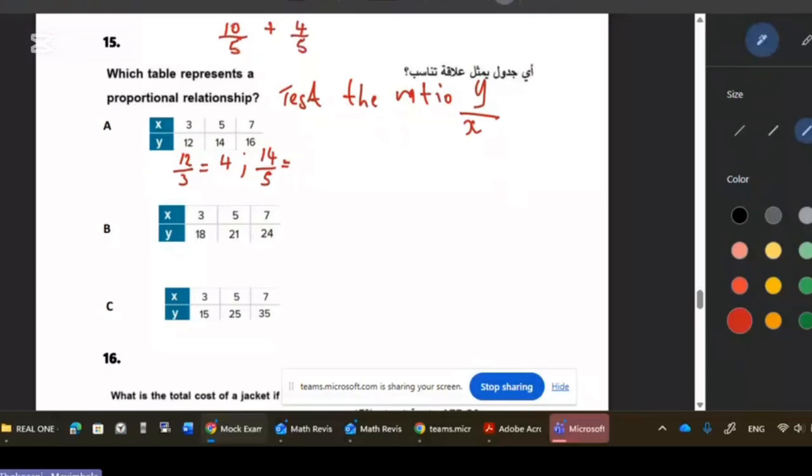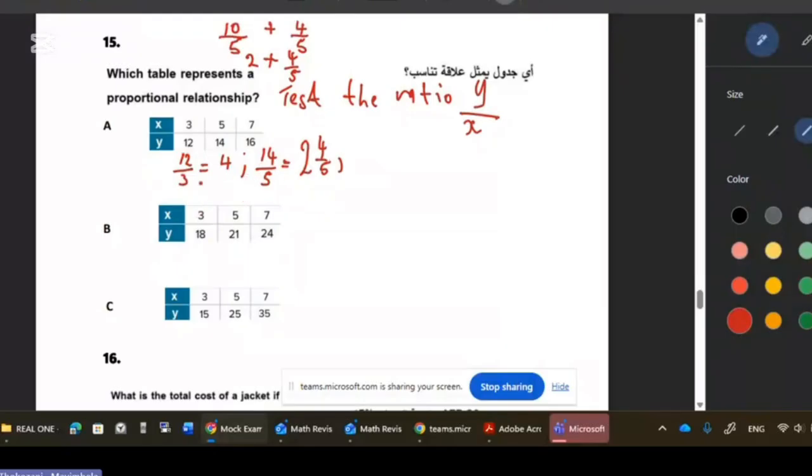How many 5 do you find in 10? 2. And then your remainder is 4 over 5. So it will be 2 and 4 over 5. Now, obviously, this is not the same, so we can leave it like this.